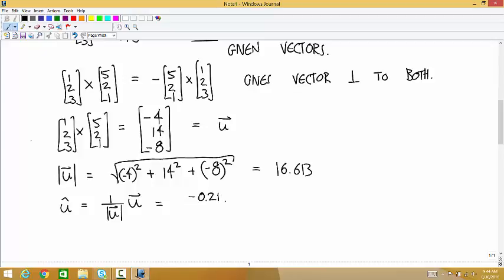Okay. And then 14 divided by that? Okay, that sounds good. You know those things that you all have sitting in front of you, those do these calculations. That's what those are for. And then negative 8 divided by 16.613? Okay, 0.481.